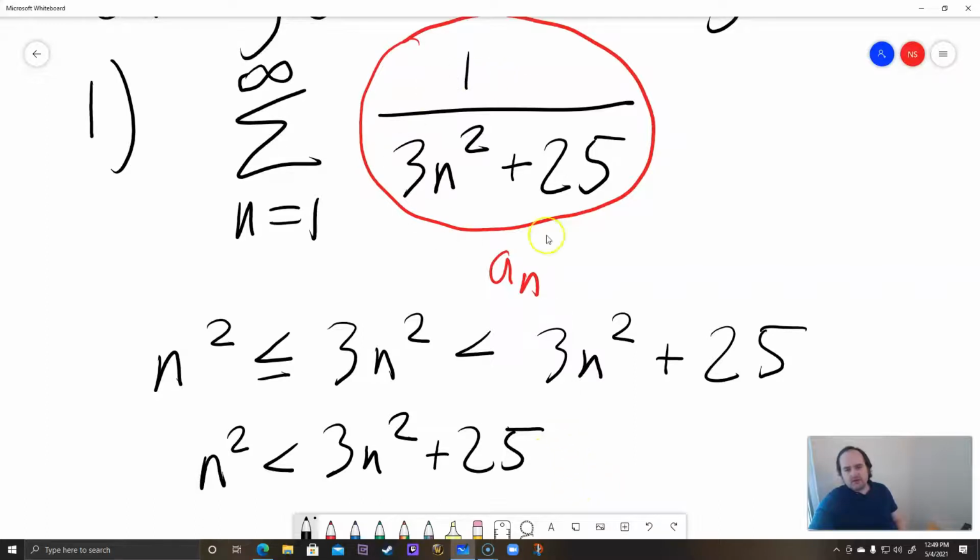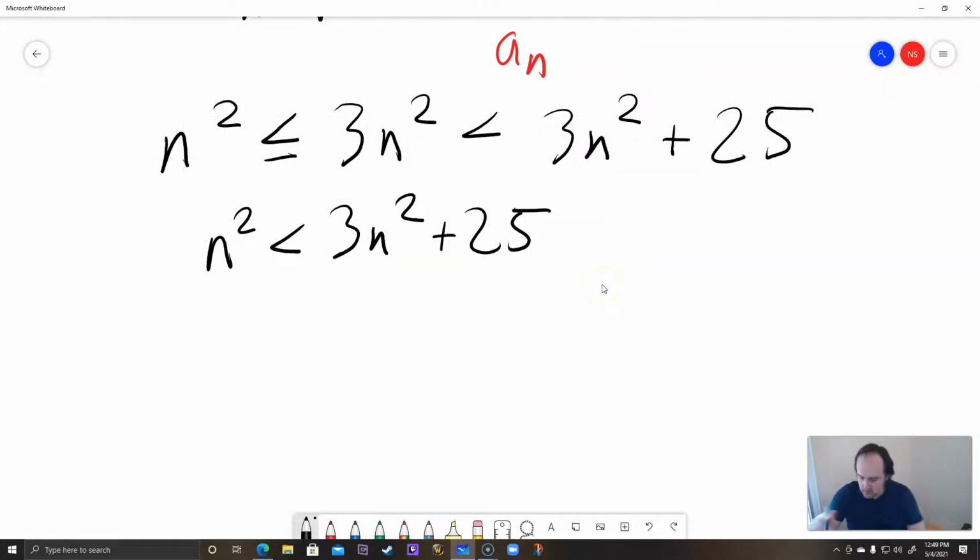But what we want is actually 1 over 3n squared plus 25. So how do we get that? How do we get this out of what I have written here? The answer is we're going to take the reciprocal of each side.